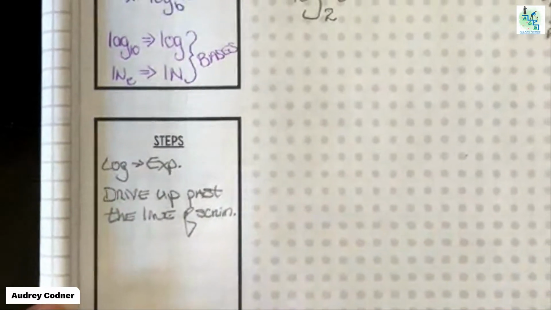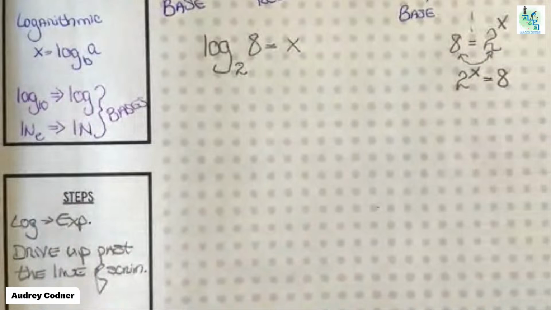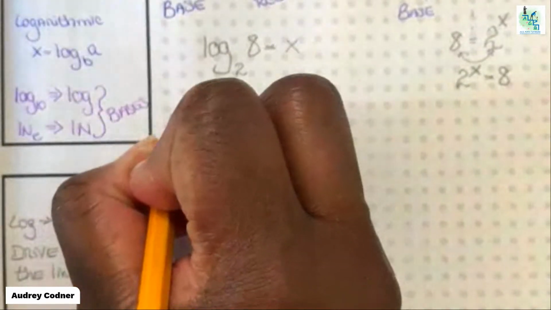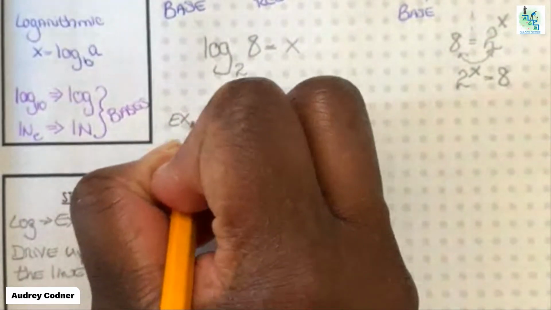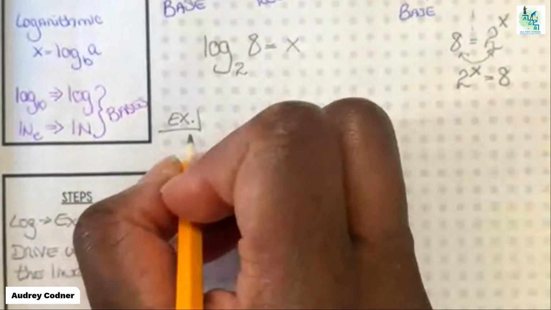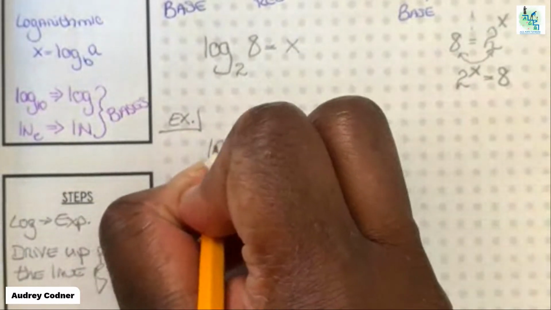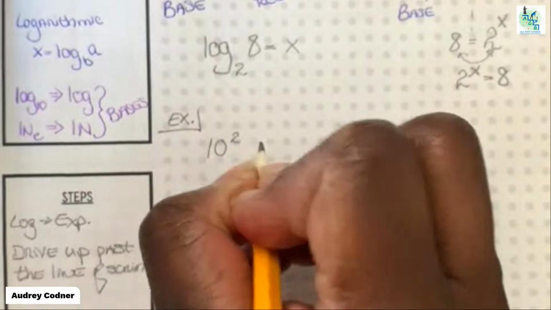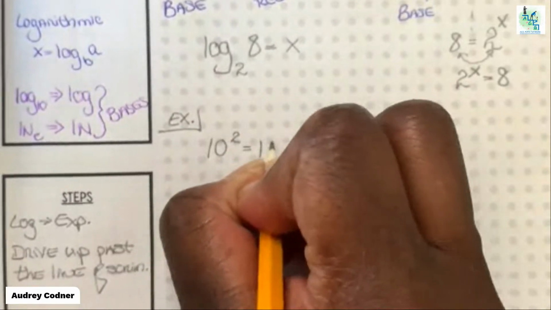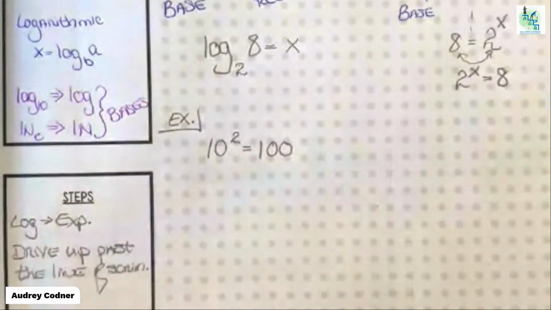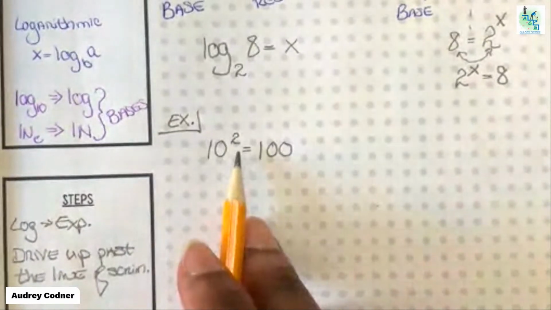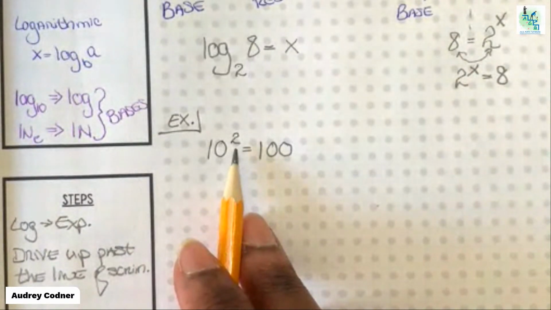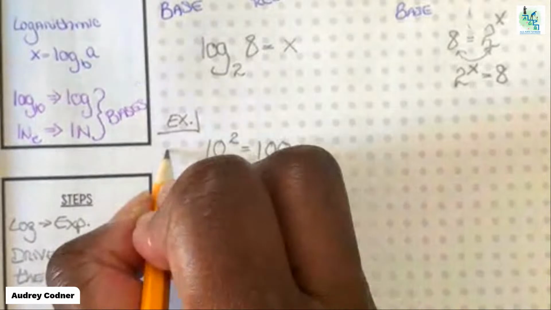So when I'm looking at my next example, so let's say I have 10 squared is equal to 100. So since I have this squared, that's telling me already that's exponential.